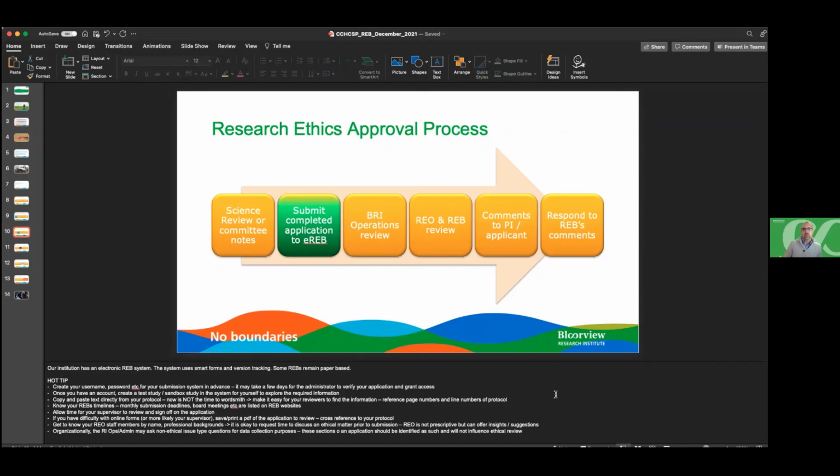And so the biggest thing I would recommend is, before you submit your application, if you state a specific sample size or a methodological approach or a recruitment approach or what have you, make sure it's the same in every component of the application. And this is not the time to wordsmith. Copy and paste from your protocol into your application.